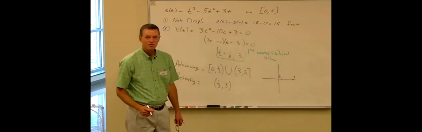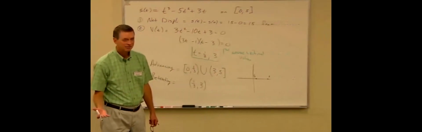How so? Well, it crosses the axis at 1/3 and at 3. From pre-calculus, not calculus, what do you know about a function that's quadratic with a leading coefficient of positive 3? What are you saying?